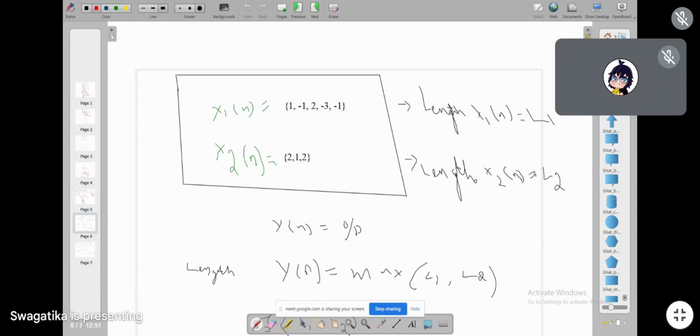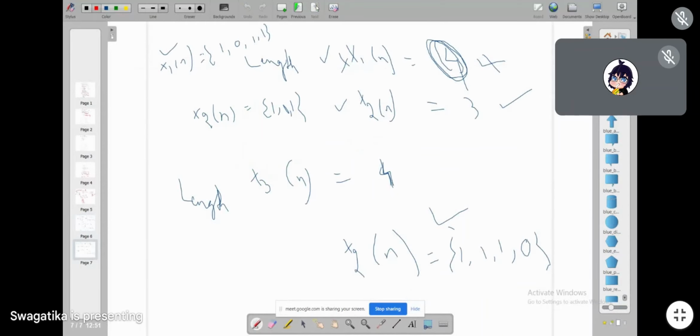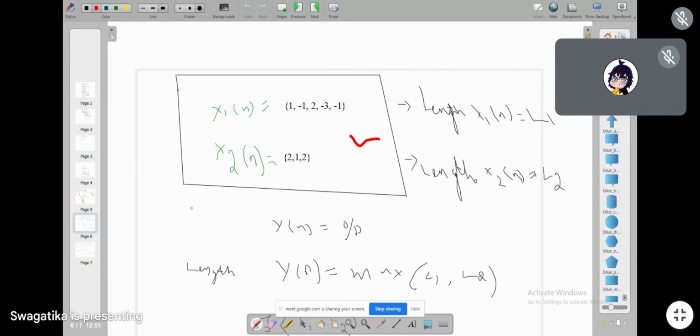Go for the concentric circle method as well as your matrix method. You can solve this one. Yes or no? Yes, ma'am. So I am giving you some hints.